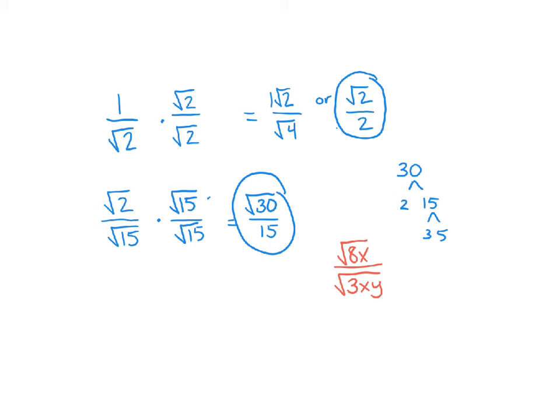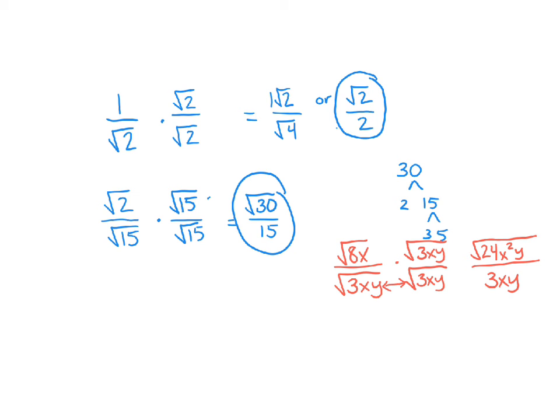So once again, we're going to multiply by the denominator so we can rationalize it. So we end up with 3xy on the bottom because if they're the exact same, we're basically doubling it, so we have two of them. That takes away the radical. So on top, we multiply our numbers by our numbers to get 8 times 3 is 24. We have x times x, so that gives me x squared, and then we have a y.